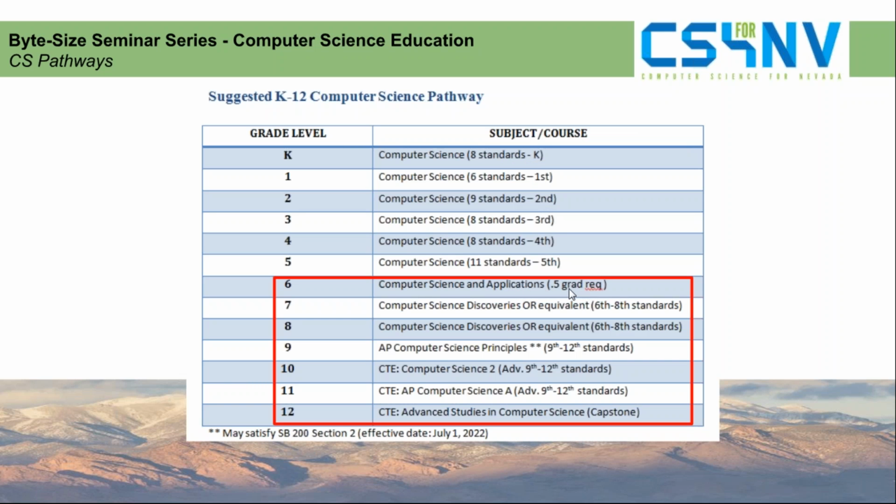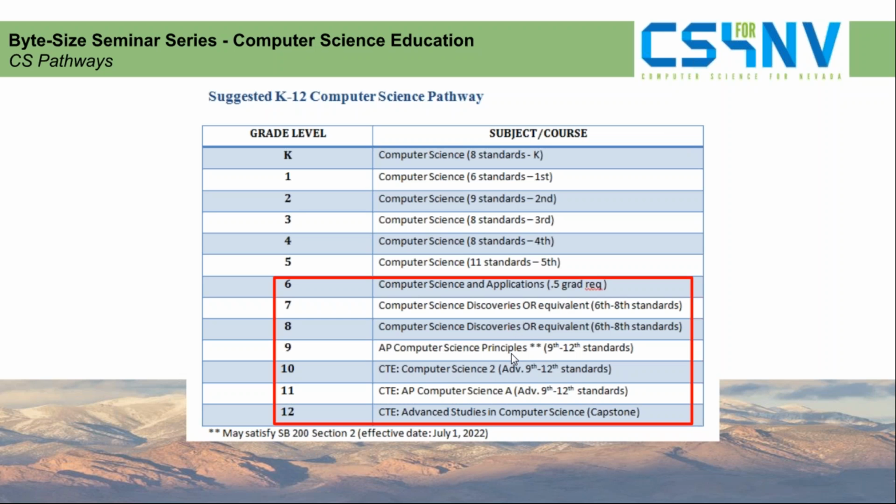I know some of you are teaching it at the 7th grade level, some not till the 9th grade level. The majority are teaching the computer science and applications, also known as the current computer literacy, in the 6th grade level. So you could have that, then you could have your Discoveries or an equivalent course perhaps at 7th and 8th grade, if you like.